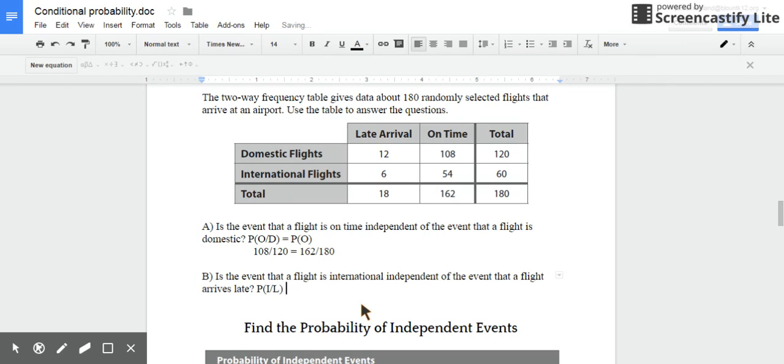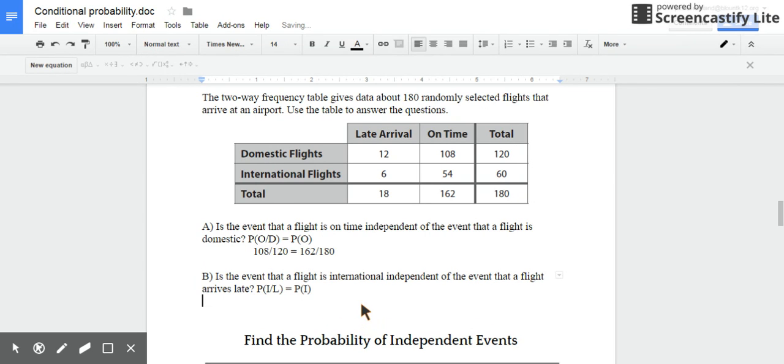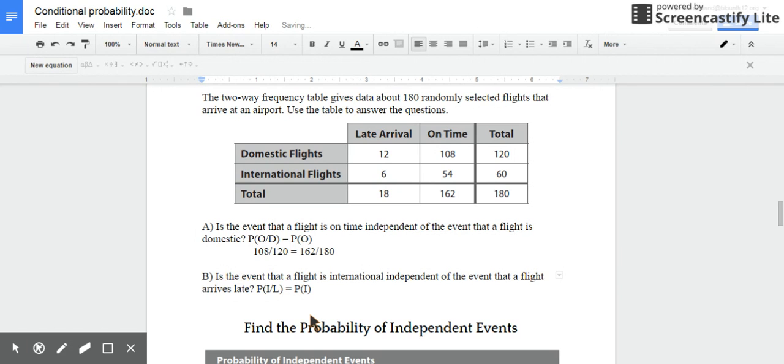It's that vertical slash. So we've got the probability of an international flight, given that it's already late, is it equal to the probability of international flights?